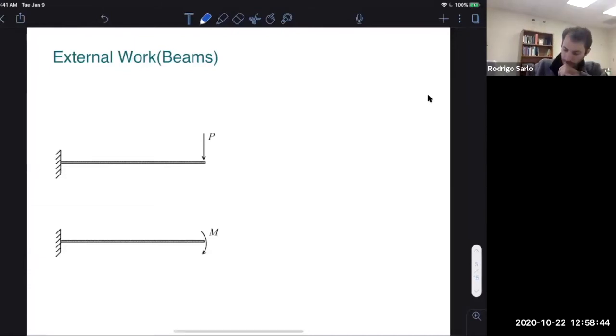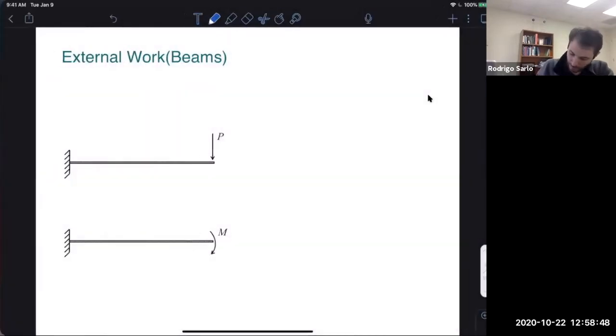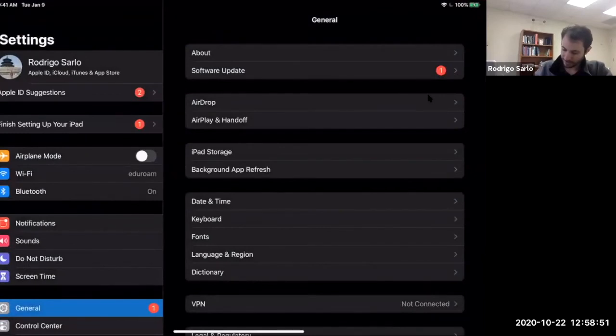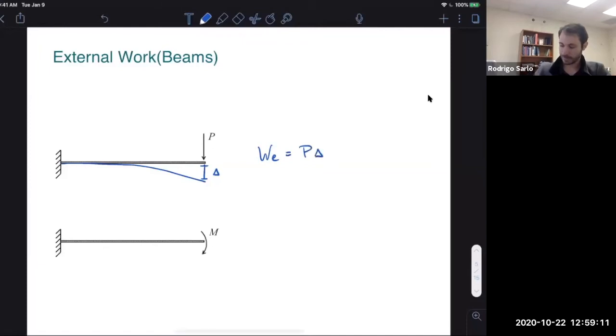So for an applied load, my beam's going to deflect like that. So I'm going to get an external delta here, using the same notation. And so my external work is going to equal my P times my delta. Okay. So that's very similar to trusses.